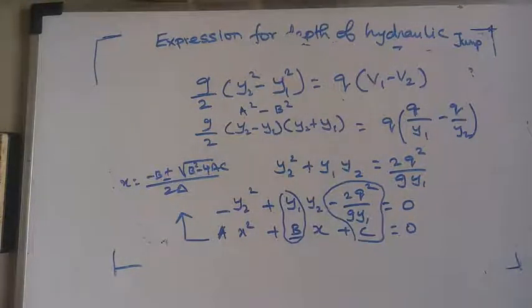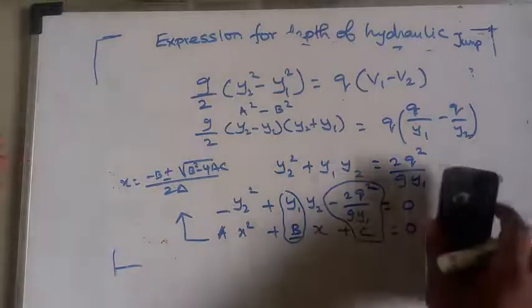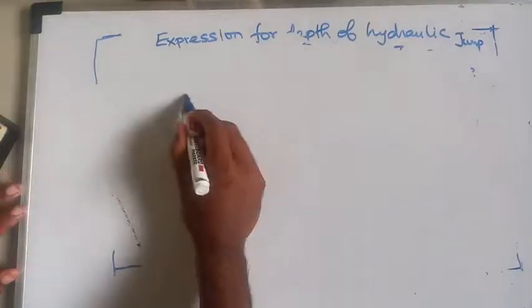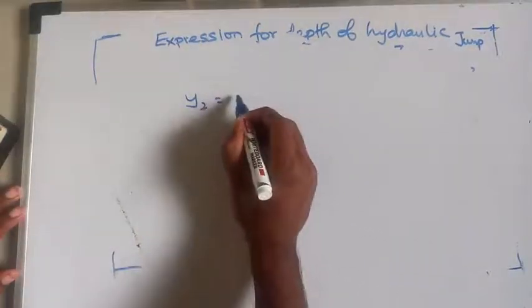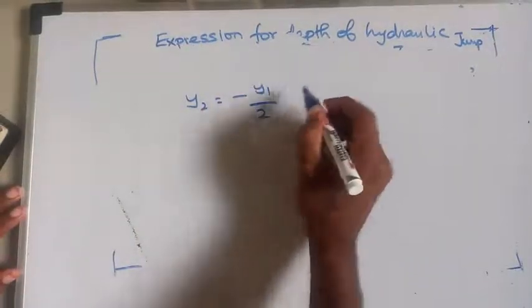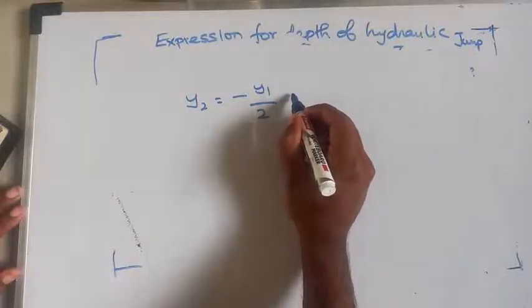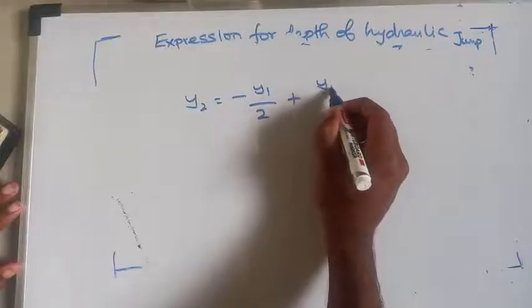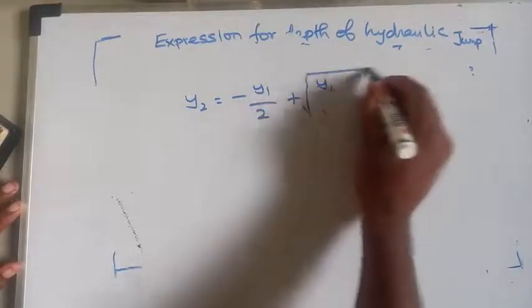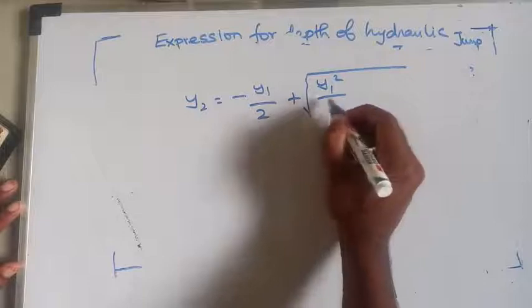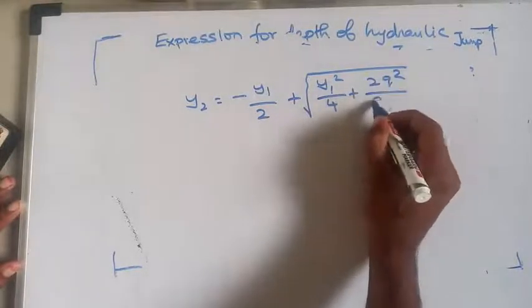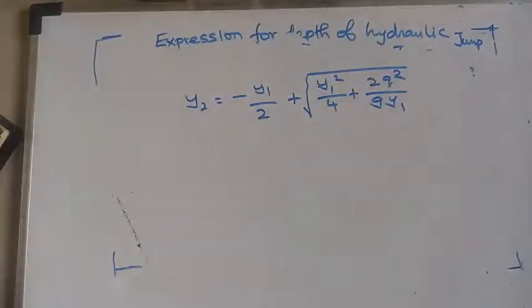If I substitute and solve that equation, then I will get y2 is equal to minus y1 by 2 plus root of y1 square by 4 plus 2q square divided by g into y1. Okay, so this is the general formula.